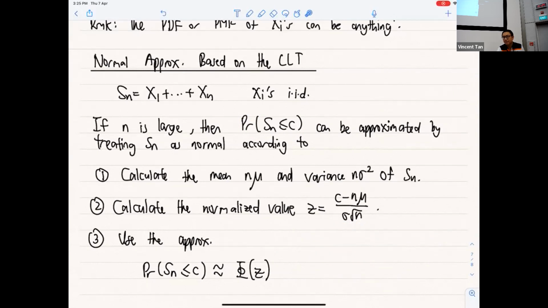Remember, if you have x plus y and x and y are independent, you get the probability density function of x plus y by convolving the probability density function of x and the probability density function of y. So if you are interested in the probability of this being less than c, you can, in principle, convolve the density of xi n times. That is the kosher way of doing it.